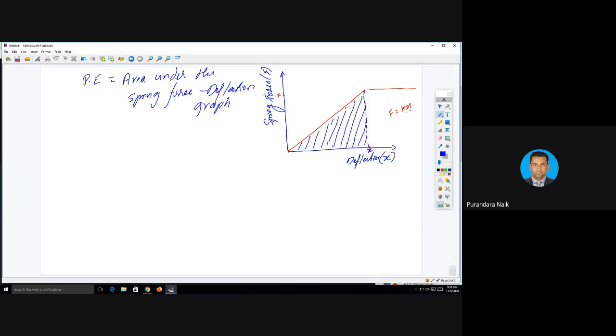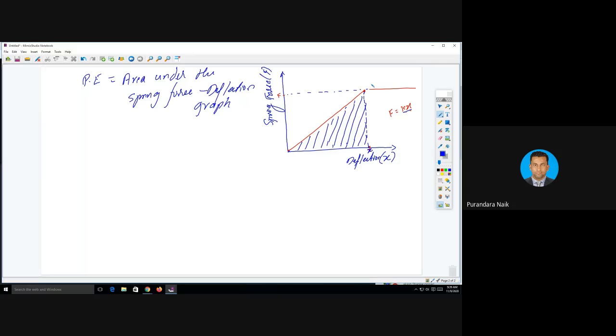The spring force is given by K into x. K is a spring constant, x is the deflection. On the x-axis, deflection is there, the maximum value is x, and the corresponding spring force is F. So how do you find out the potential energy?